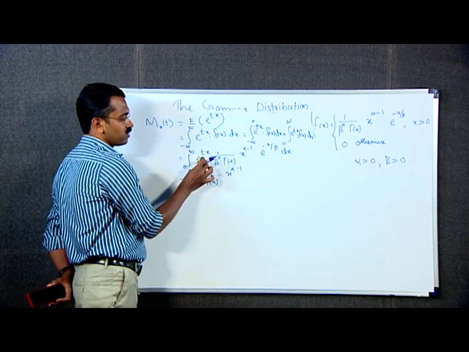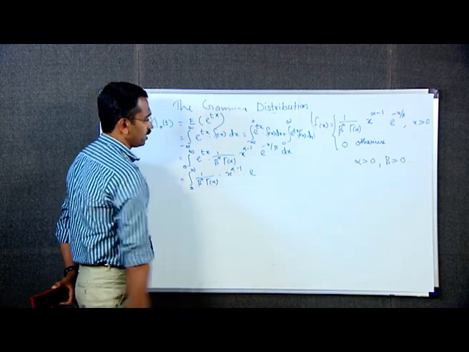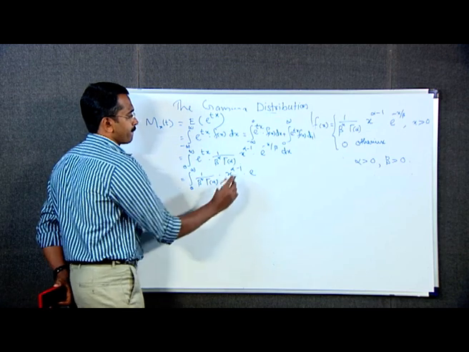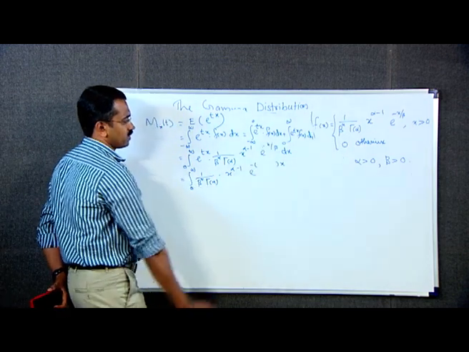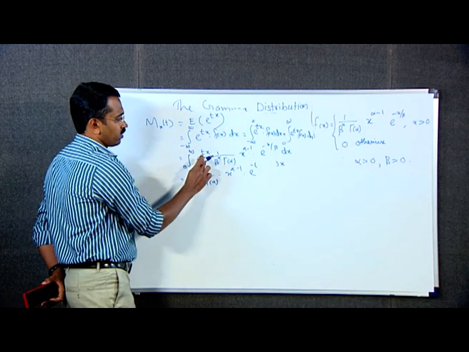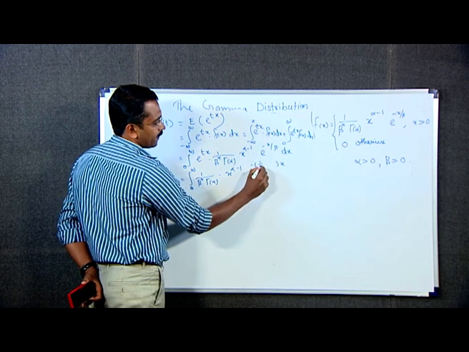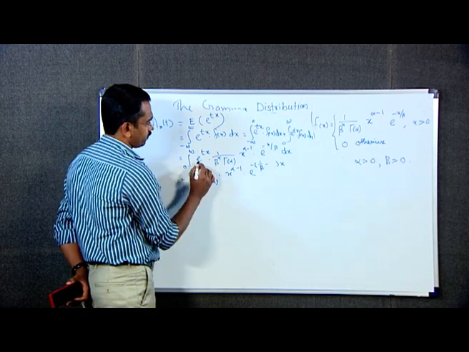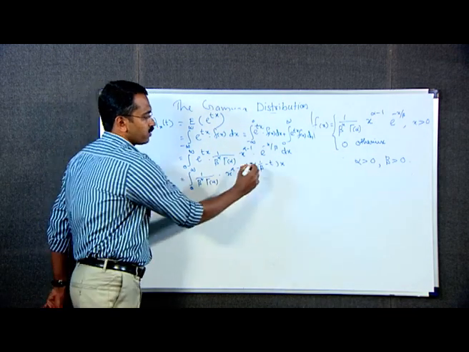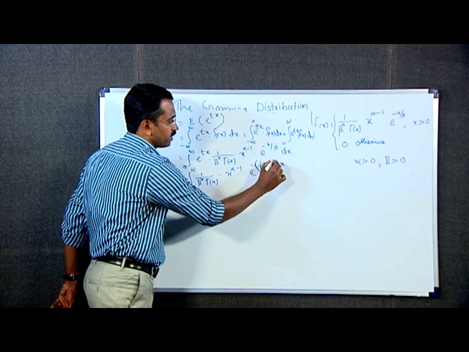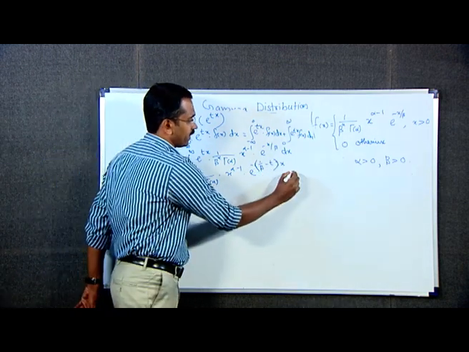We combine these two, that is into e raised to minus x is taken outside. The remaining terms are 1 by beta minus t, that is e power minus (1 by beta minus t) into x dx.